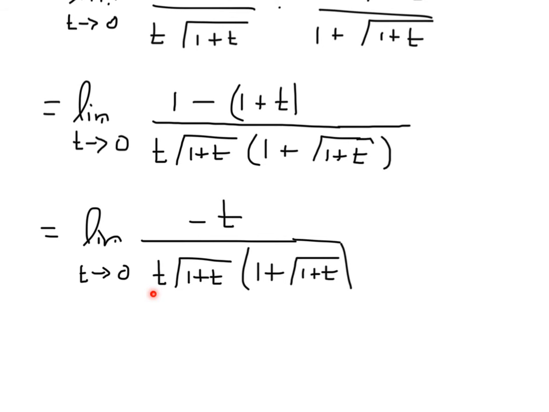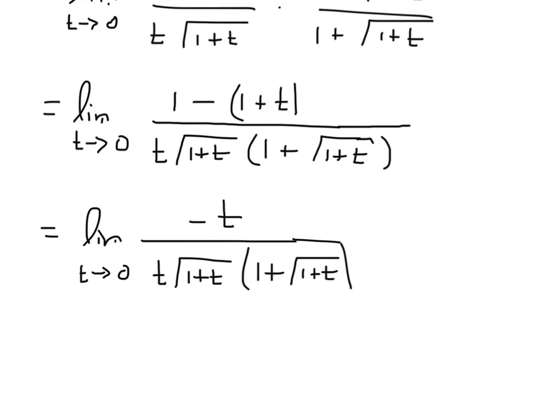When t is 0, that denominator is 0, because of that t that's sitting here alone. And so what we were trying to do right from the beginning was get rid of this t. We needed to cancel this t with something in the numerator, and by performing that rationalization trick, we see that we have a t in the denominator and a t in the numerator. We get to cancel them.